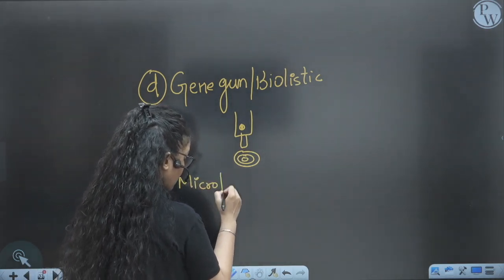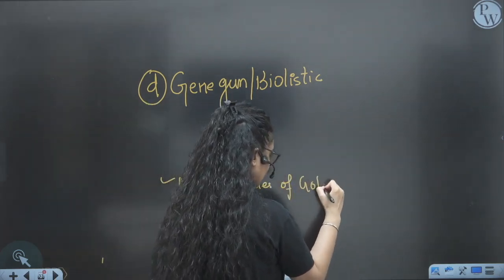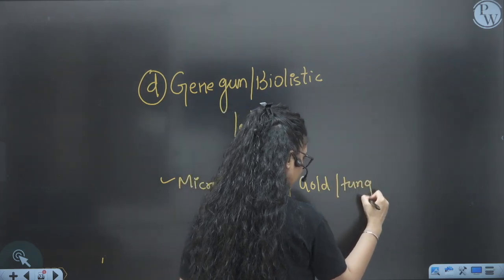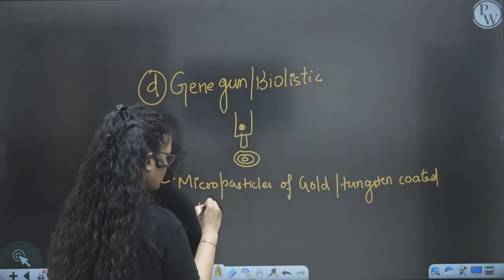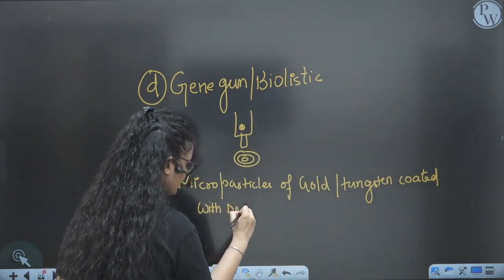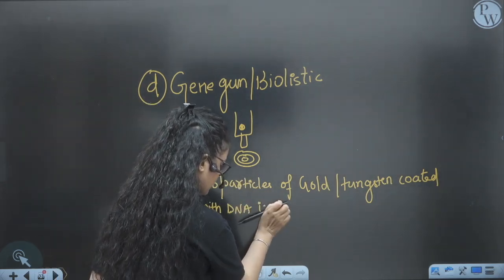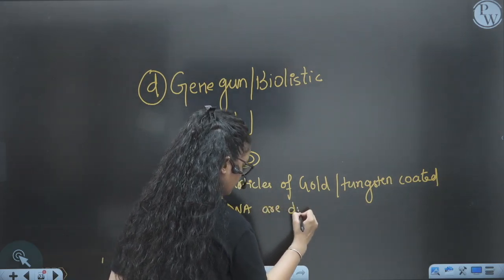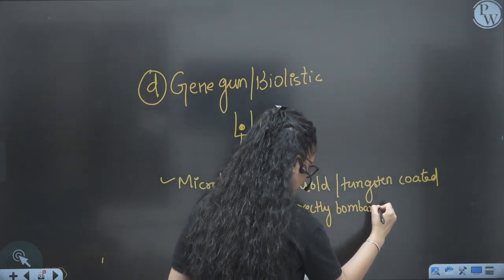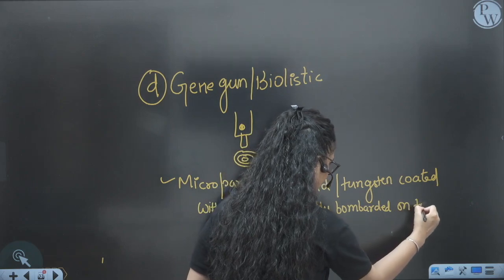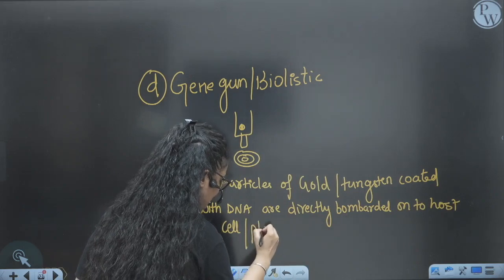So microparticles of gold or tungsten coated with DNA are directly bombarded onto the host cell, and the host cell here is the plant cell.